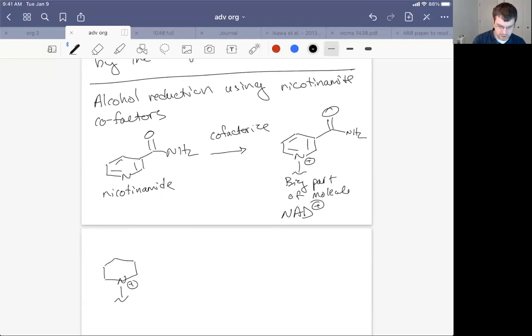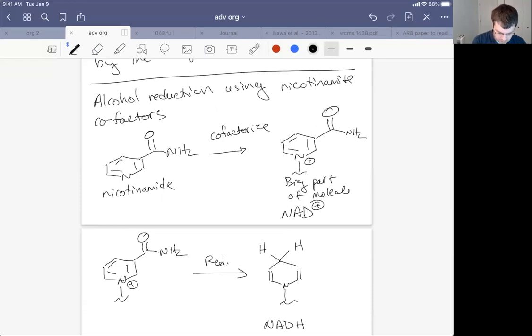Now, what we can do with nicotinamide is we can let biochemistry add the equivalent of an H minus by way of reduction. And how this is going to work is we're going to break aromaticity fully and neutralize the nitrogen atom, and that's NADH. So you'll see this a lot in your biochemistry textbooks.